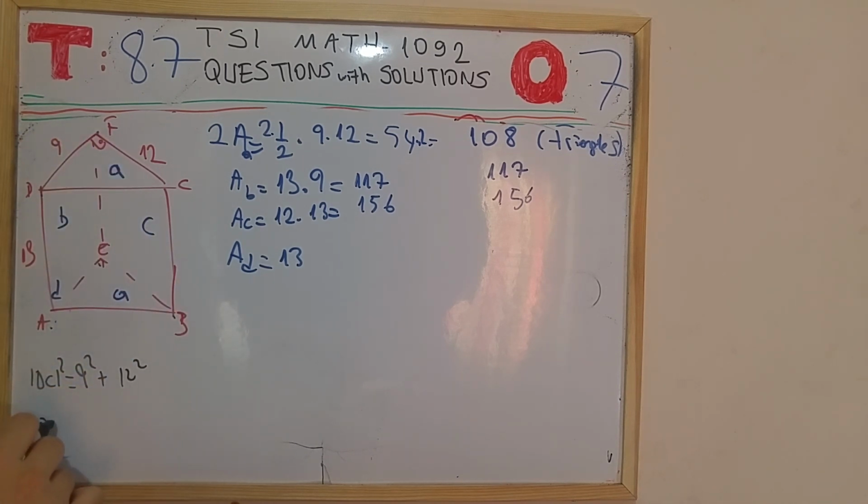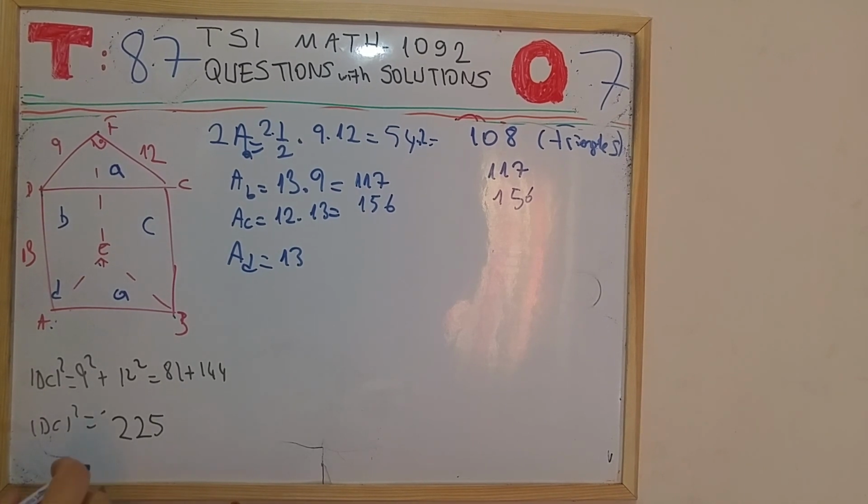So DC square is equal to 81 plus 144, which is 225. This is the square of 15. When I take the square root, DC will be equal to 15.